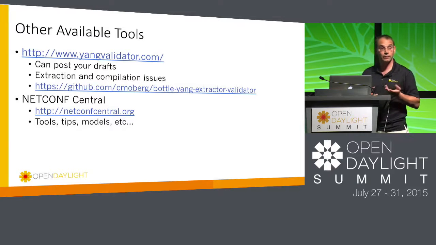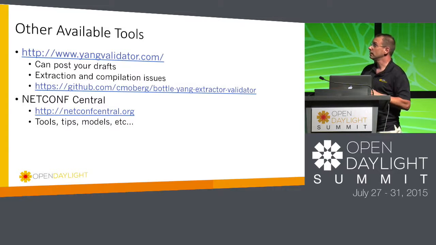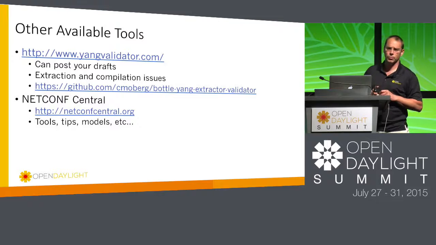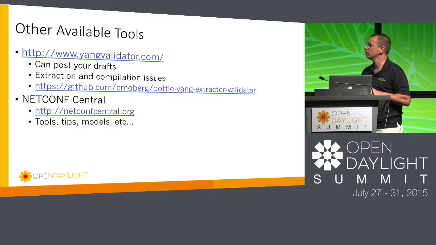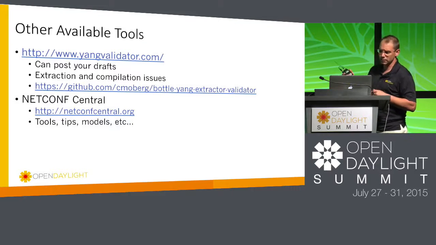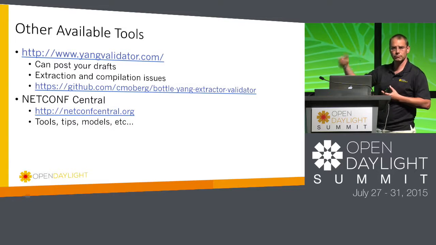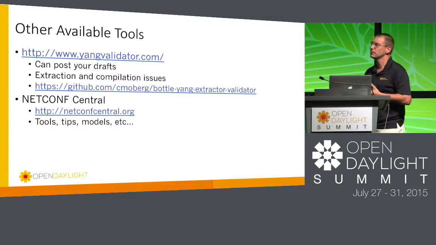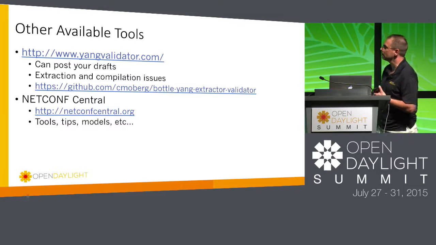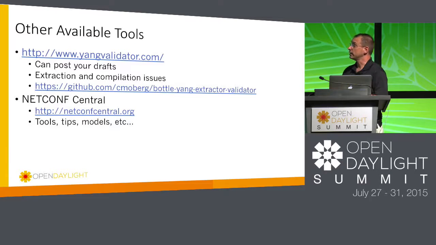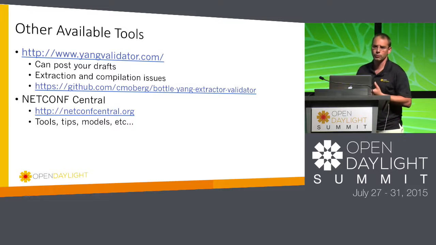There's Pyang, which is another open source compiler, which is on GitHub, which I didn't list here. I should have listed. And Yang validator is a web-based front end for Pyang. So you can take your model, upload it, compile it, see if it's valid, check on your dependencies and things like that.